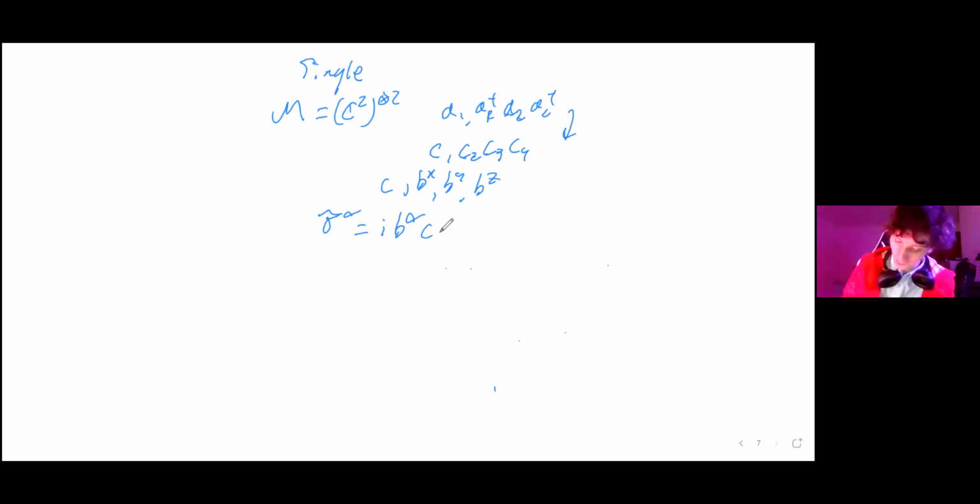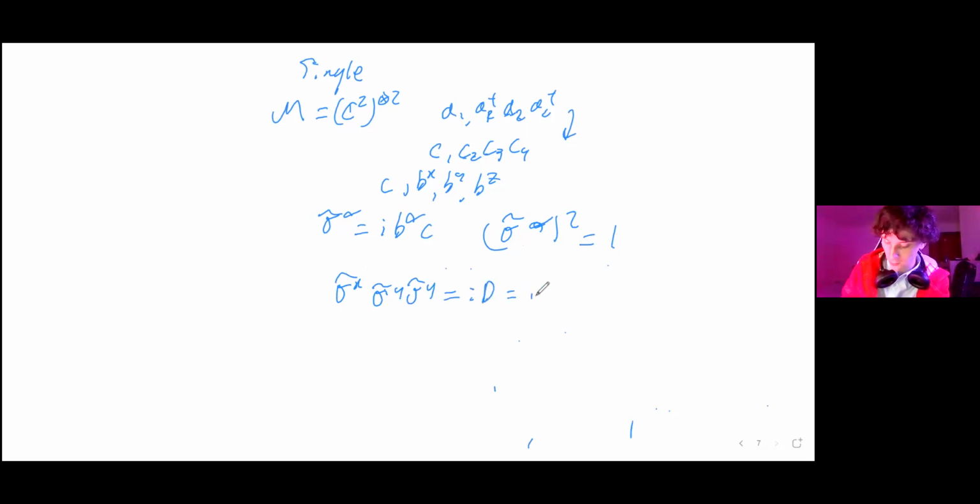You can show that parts of the defining operations for these work. So we can write that these square to the identity, but they don't actually satisfy the other constraint we need. If we calculate this, then this actually equals i times some operator I'm calling D, which is bx, by, bz, c.